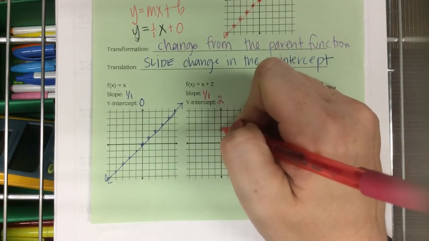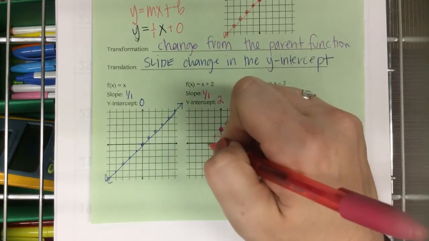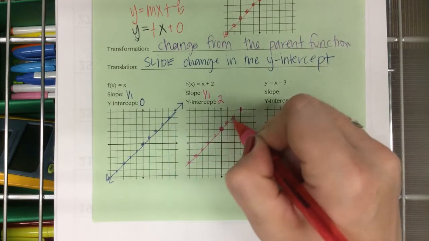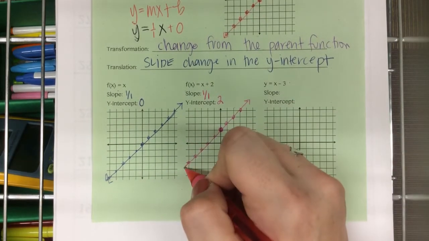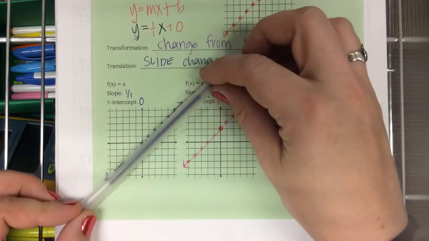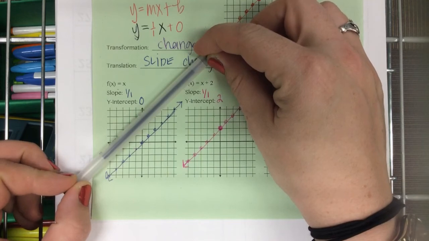We go up 2 to start our graph. All I did was slide my original parent function graph up 2 spaces.